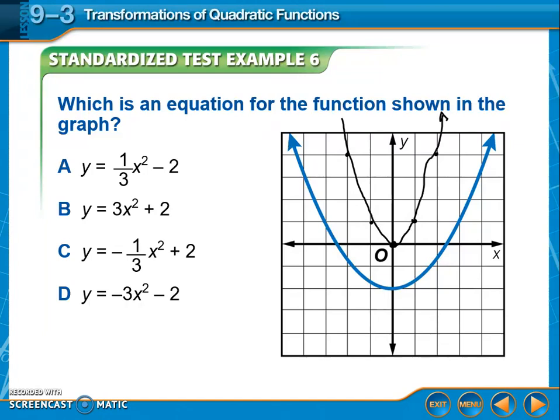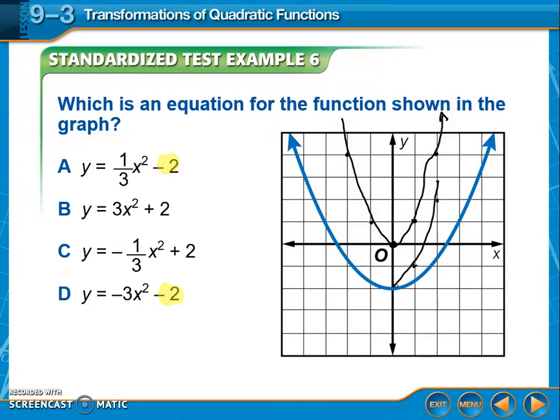So what did I do to this? I moved it down 2 spaces. So that means that I have a minus 2. So I'm looking at either this one or this one. Okay? And then I want to say, did this get wider or narrower? I would say that this looks wider in this one, right? Because in the other one, if I had just shifted these down each 2, my graph would have been more like this.